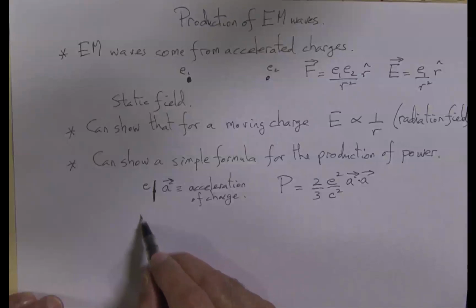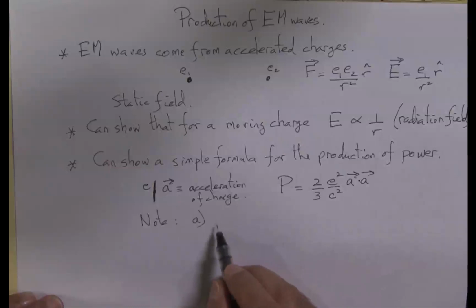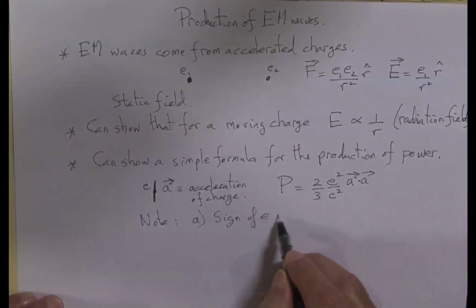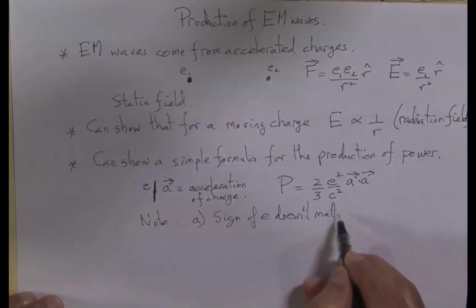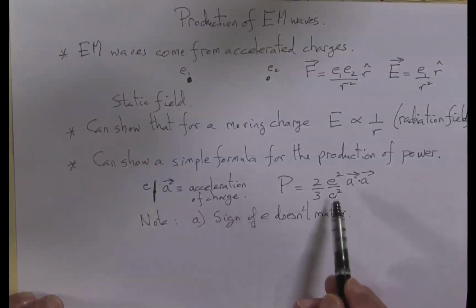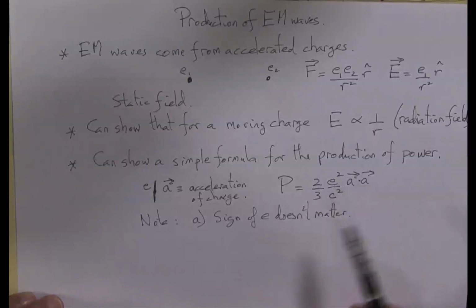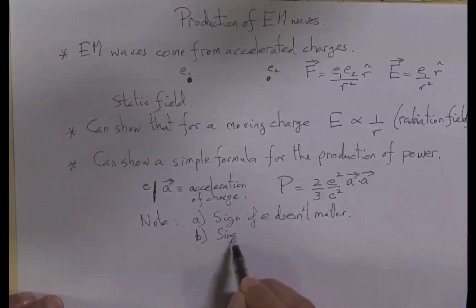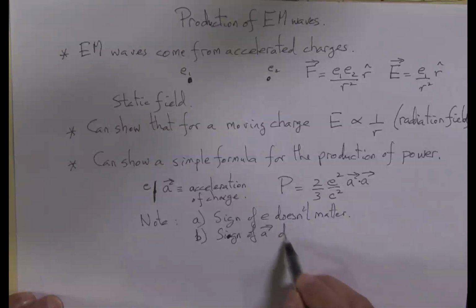But note the following, and it's important to get the physics right. So first, the sign of e doesn't matter. In other words, if you have a positive charge or a negative charge that's accelerating, it doesn't matter. It's because the square is the same. Secondly, the sign of a doesn't matter either.